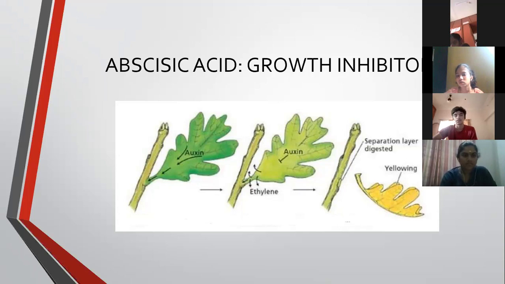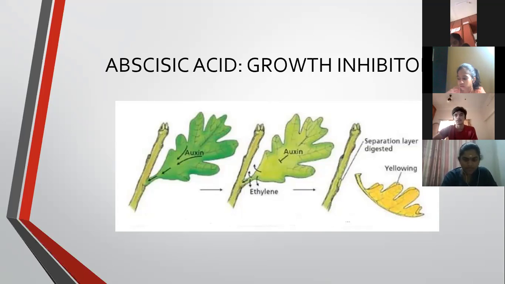Along with that, like the juncture of the leaf and the branch, in the same way in the fruit also there is a petiole which joins it. The ethylene grows there also, which slowly detaches the fruit from the tree and the fruit falls down.